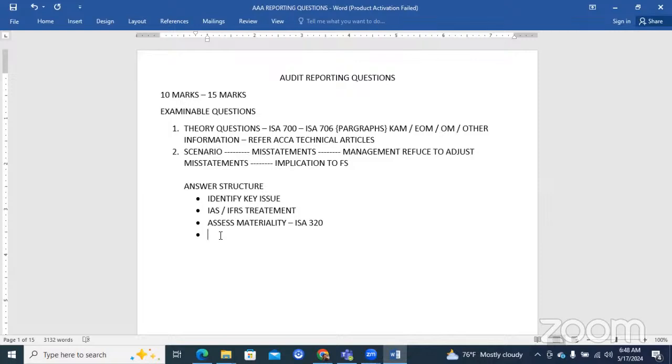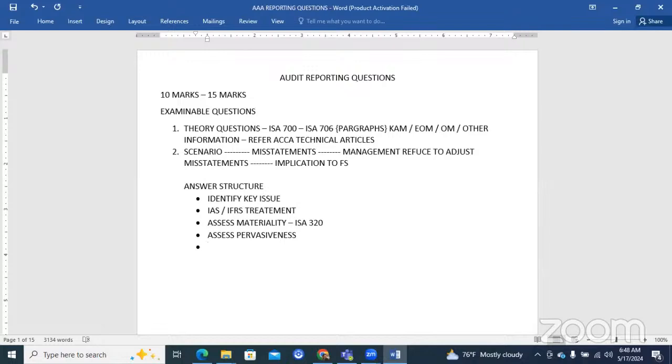After assessing materiality, it's our duty to assess pervasiveness. What is pervasiveness? Most students don't have a clear idea about pervasiveness.